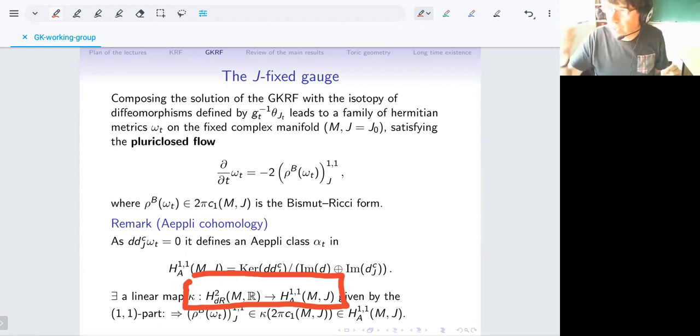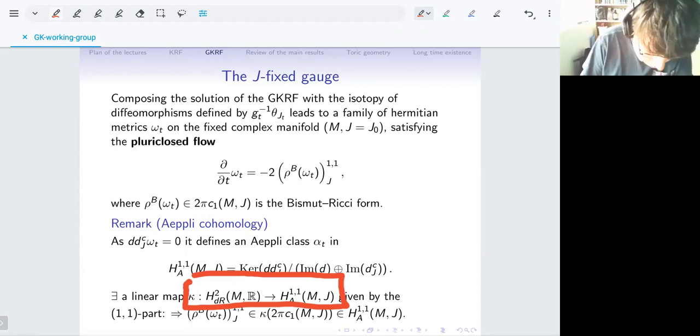Now if I take another representative of the same de Rham class, it will differ by the differential of a form. When I take the (1,1) part, you will get ∂ of the (0,1) part of this one-form plus ∂-bar of the (1,0) part. So you end up in the Aeppli cohomology automatically.